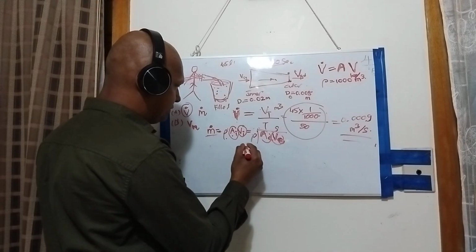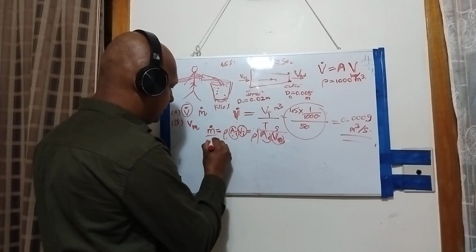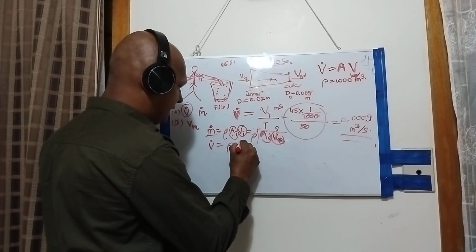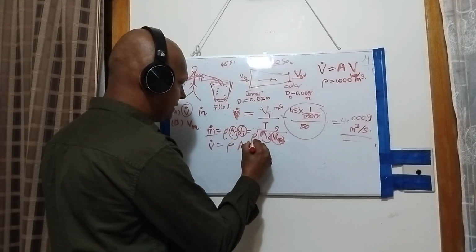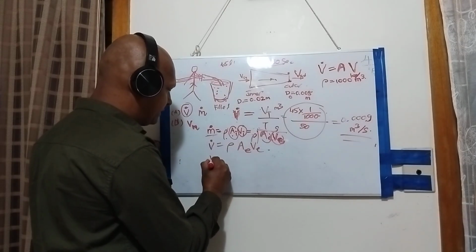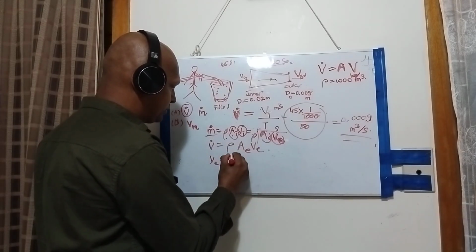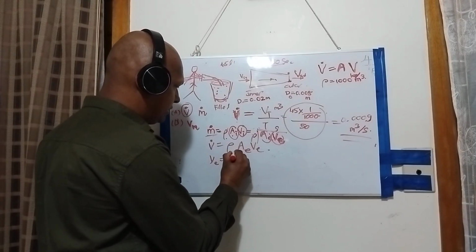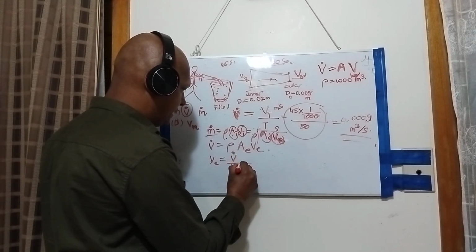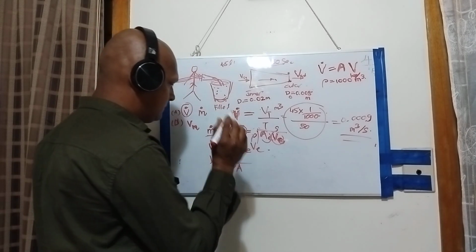So volume flow rate equals rho A E V E. And so in order to calculate the VE equals volume flow rate divided by rho A. Alright?